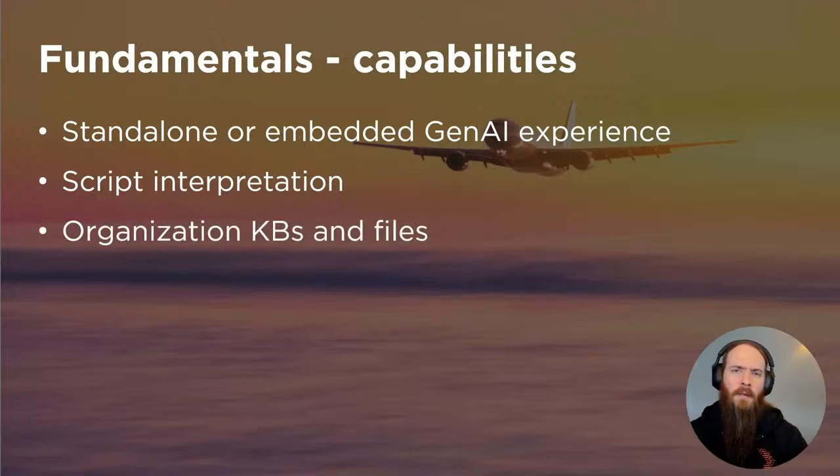You can also upload organizational content, so refer to knowledge bases and actual specific files so that you could then use those in your prompts. So for example, you might want to say something like, based on my organization's terms of use, or based on this document in my organization, tell me more about this.